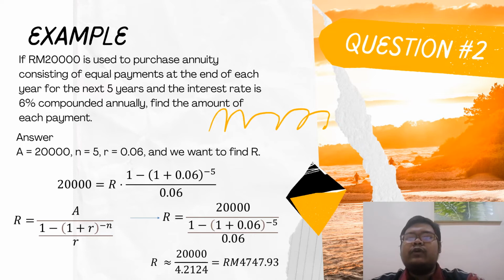So it becomes R equals 20,000 over 1 minus 1 plus 0.06 to the power of negative 5, over 0.06, and we get the answer: 4,747 ringgit 93 cents.